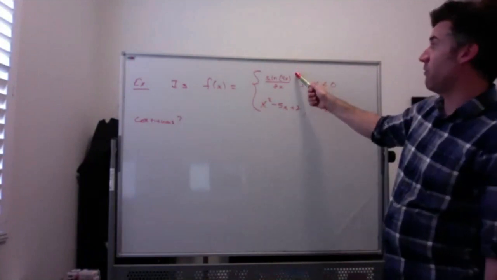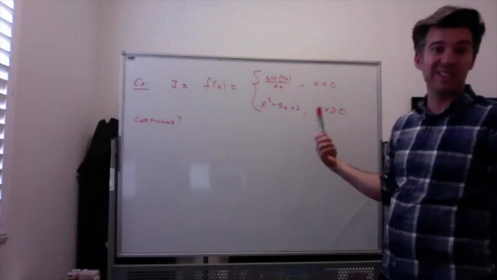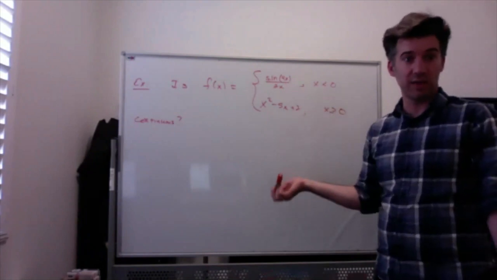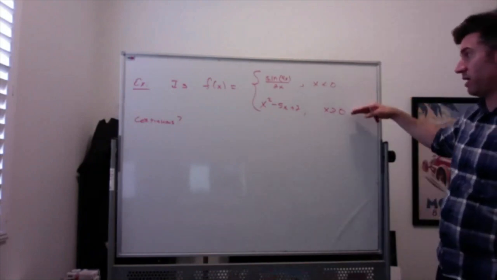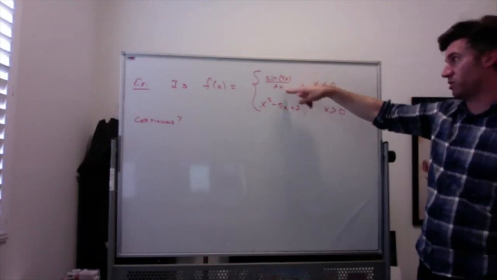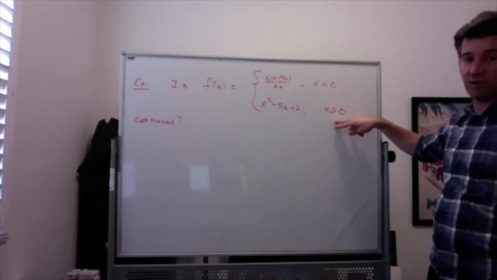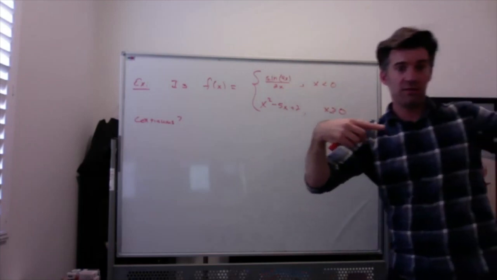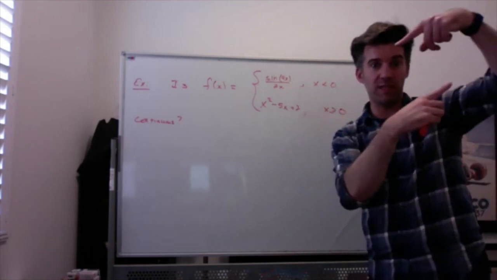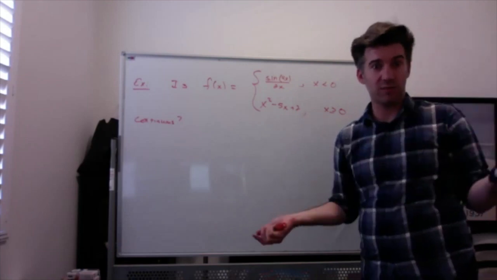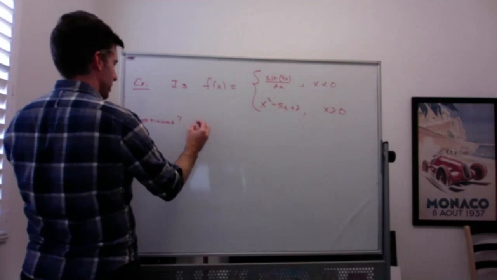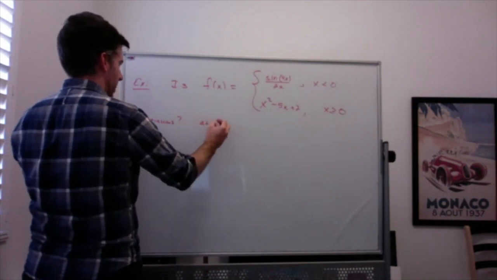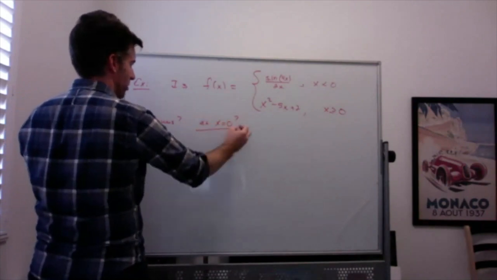I know that sine of 4x over 2x, as long as x isn't 0, is definitely continuous everywhere. But I'm curious if the left-hand part of this function, left of 0, and the part right of 0 are actually meeting up or if they're missing each other. So that's what we're going to check. Specifically, we're concerned if it's continuous at x equals 0.